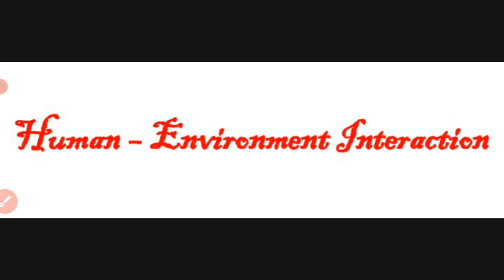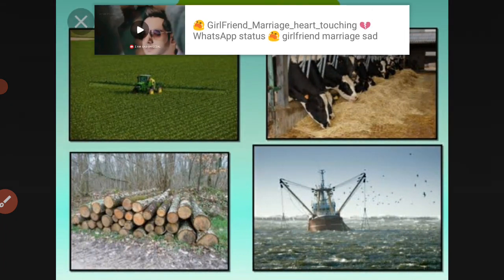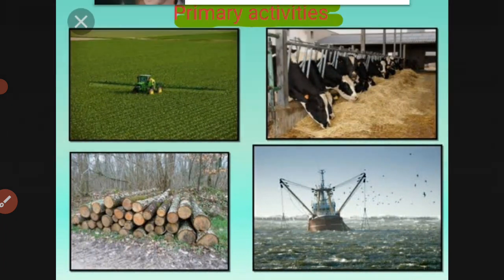Let us move on to human environment interaction. In spite of all the developments, the physical environment still provides human beings with their material needs. So even after all the technological advancement, we are still dependent on the environment for fulfilling our needs. The primary activities, as you can see in this picture, farming, fishing, forestry and mining, these are the primary activities.